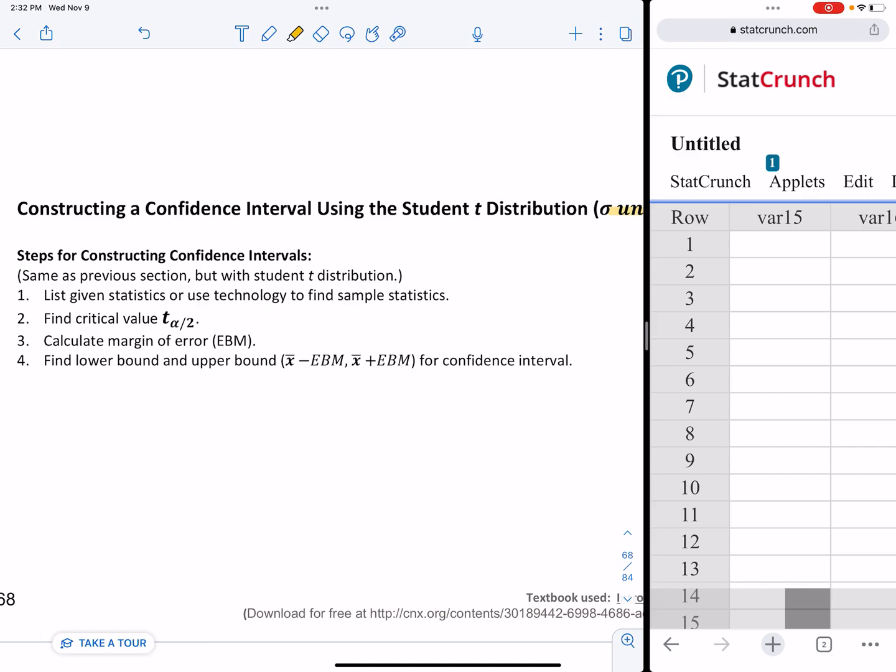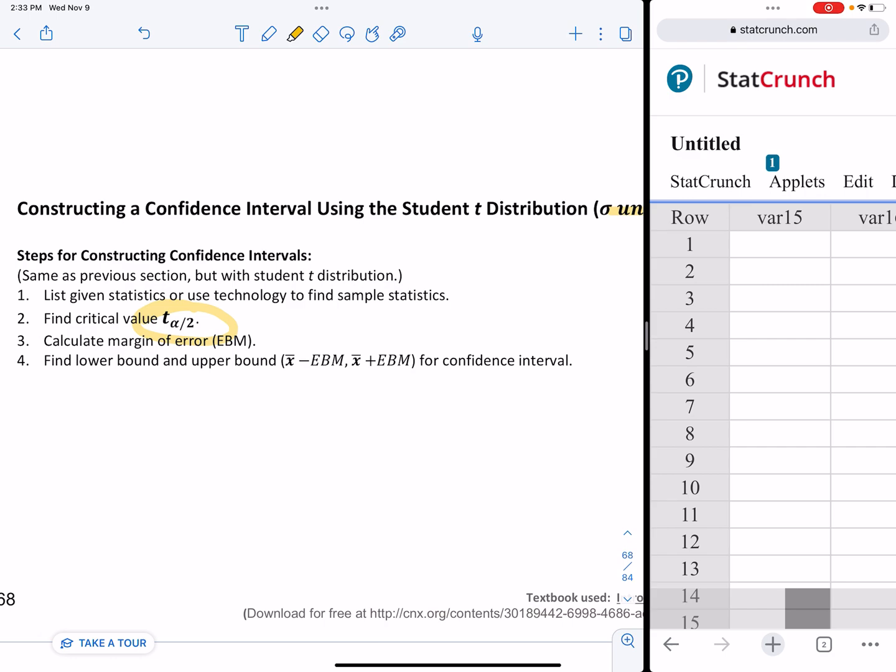We're going to take what we know and use StatCrunch to find anything we might be able to glean from the information we already know. We're going to find our critical values. Before they were z's. Now we're looking at t's. We're going to calculate our EBM, and then we're going to find the upper bound and the lower bound, just like last time.